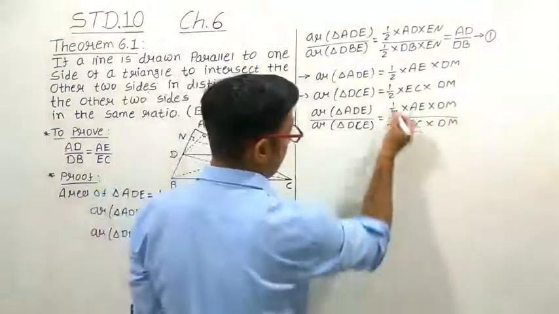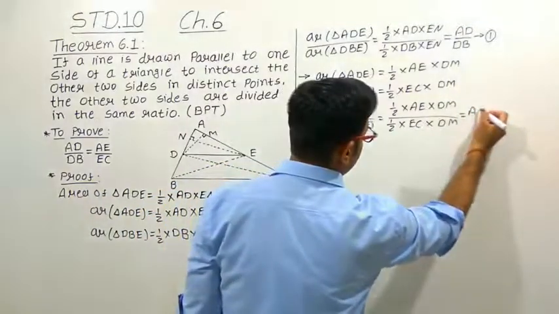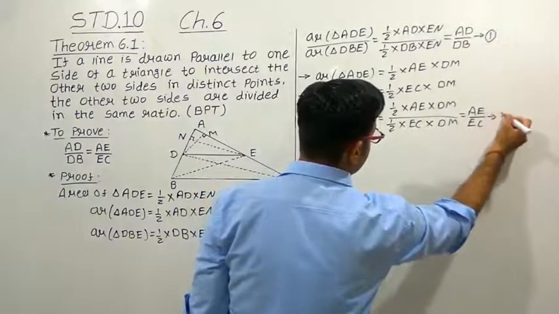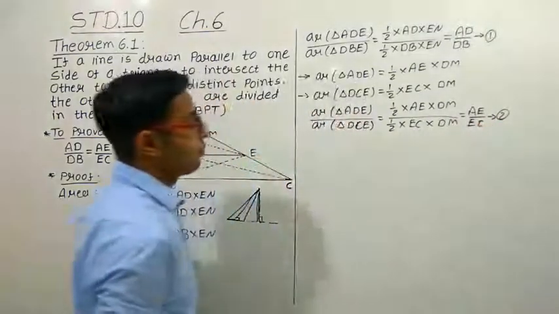Now you can see that 1/2 and DM will cancel. What will remain here is AE upon EC. Give it equation number 2.